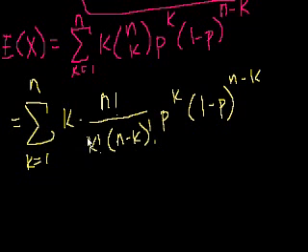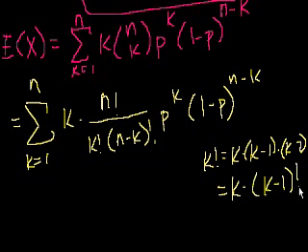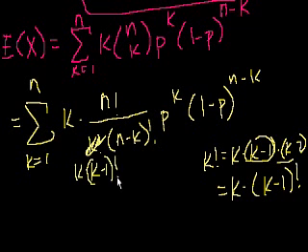Maybe I could rewrite it a different way. k factorial is k times k minus 1 times k minus 2, and so forth, all the way until you get to 1, right? So k factorial could be written as k times k minus 1 factorial. It's k times the number 1 smaller than k times all of the numbers below it. So let me rewrite: this could be rewritten as k times k minus 1 factorial.